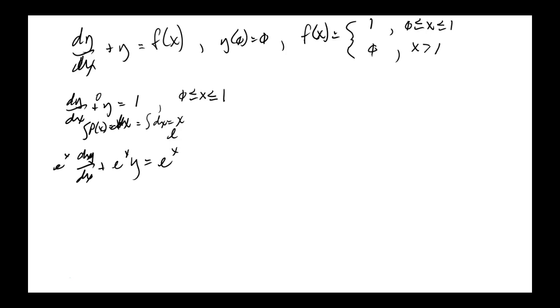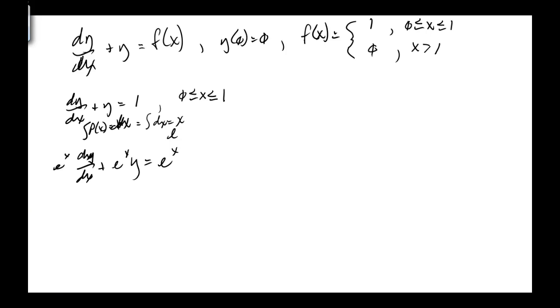So what we're going to do here is first do it with the first part. This is dy/dx plus y is equal to 1, and that's only good for x between 0 and 1. So what is your p of x here? It's the number 1. I was trying to indicate where to look for it, and it came out looking like a 0, so I'm going to erase that 0 so you won't get confused by that.